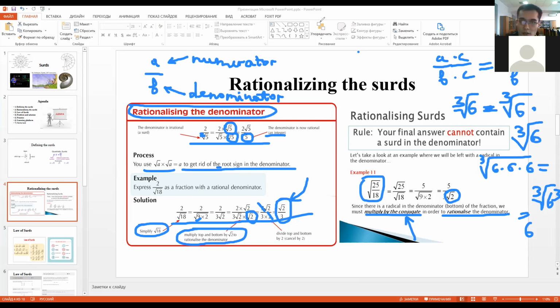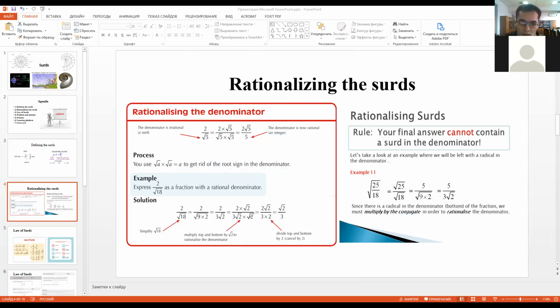So you can't multiply the 3 directly to the surd. For example, here you have no surd, but you have the surd. Initially, you just separated this number into 2, 9 and 2. 9 is the square of 3. That's why you take the 3 out of the square root.